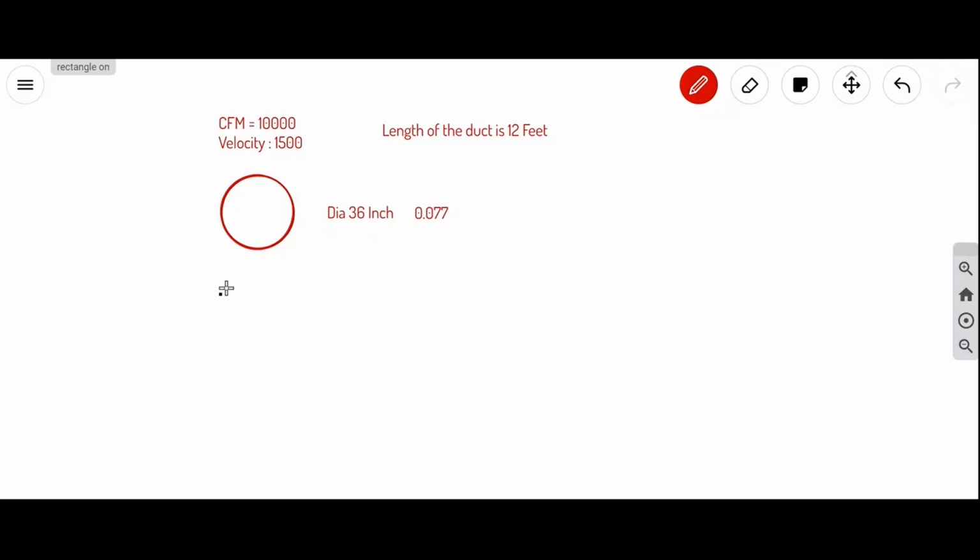Now for the rectangle, and for the square, find out. Sir, 32, same, 0.76.